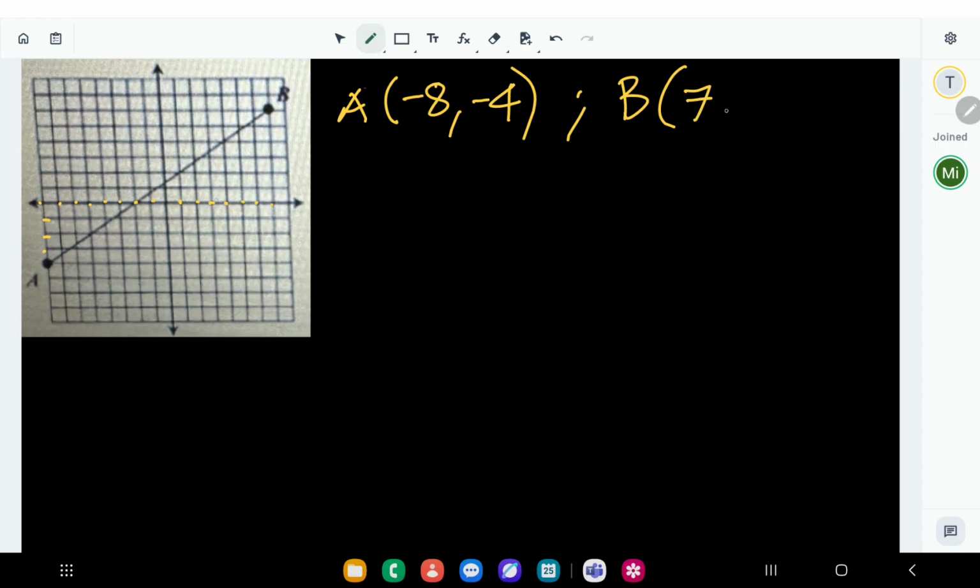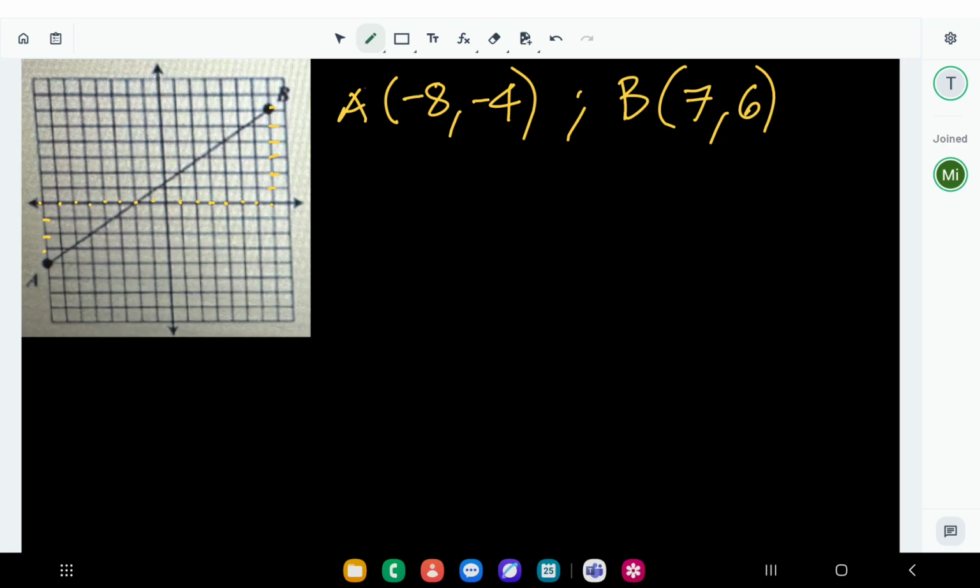It's positive 7, 6. So make sure it's accurate. So A is negative 8, negative 4, and B is 7, positive 6.